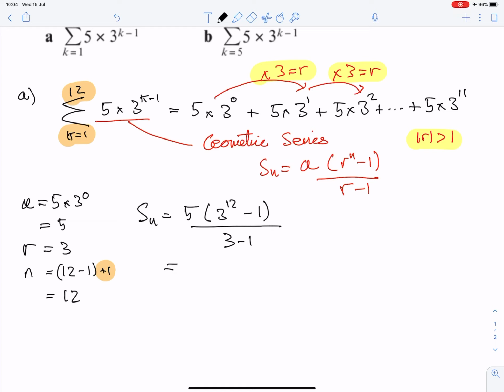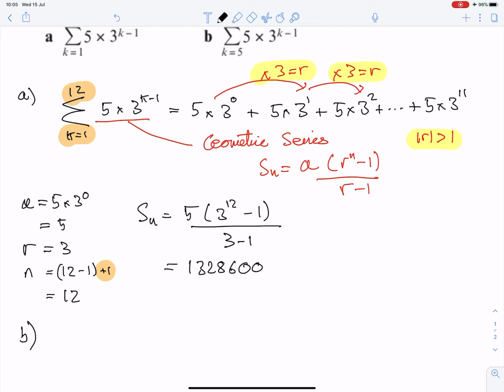Let's tap it in. 1328 600 over 2. Sorry, not over 2. That is the final value in the calculator. So that's part A.